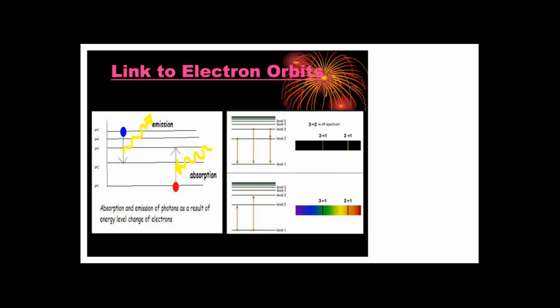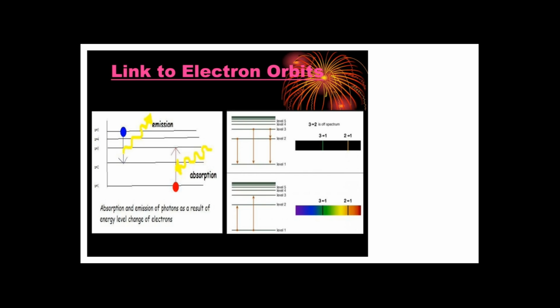And since you have a large number of atoms, some of them will undergo different transitions, and hence you'll get all different wavelengths being produced at the same time, because all transitions will occur, but in different atoms.